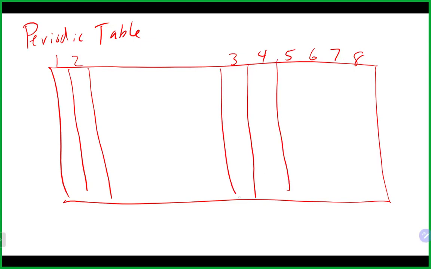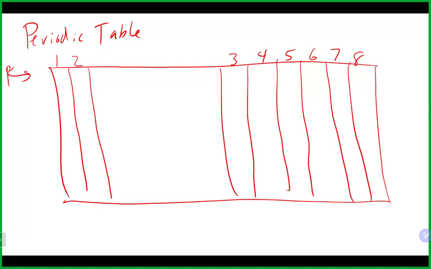Coming through here. So group 1, going down, we use the representative numberings. Remember periods go this way. So periods on the periodic table, there's 7 of them coming down. 1, 2, 3, 4, 5, 6, 7.